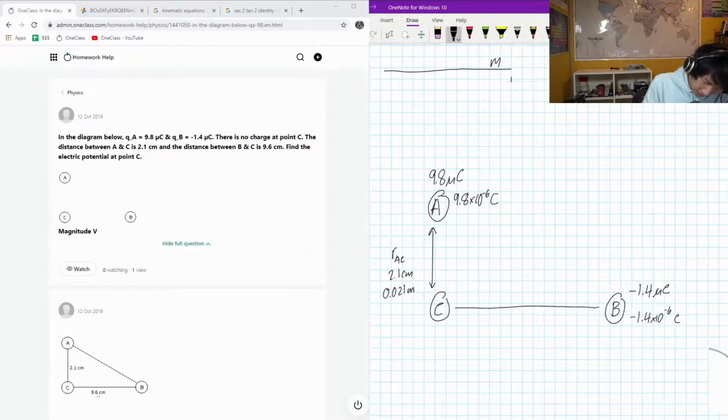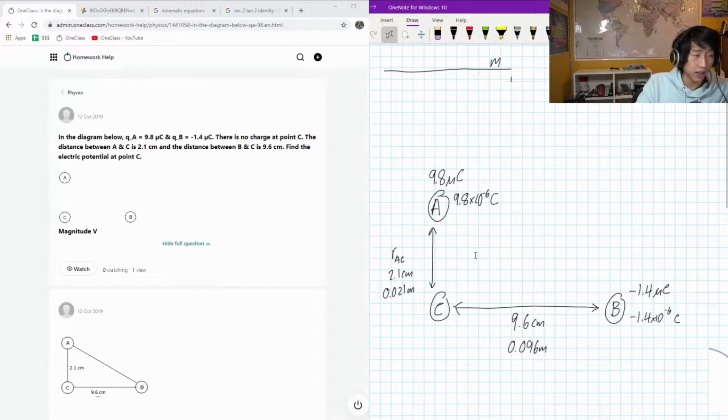And this distance over here, similar arrangement, different distance, 9.6 centimeters, 0.096 meters. Always great to do these conversions ASAP and do all your calculations in base SI.